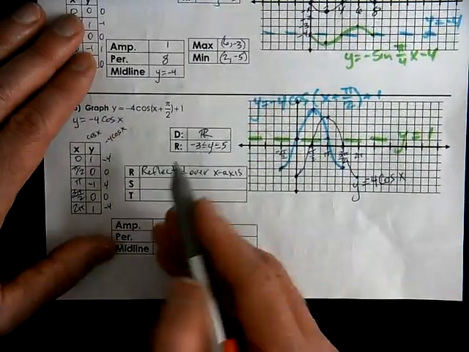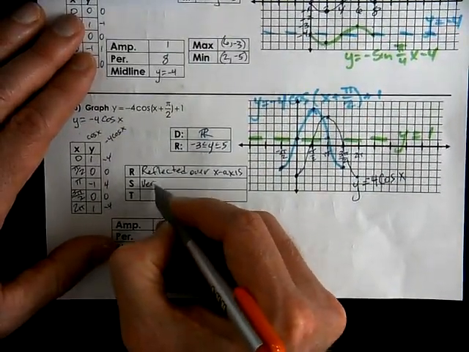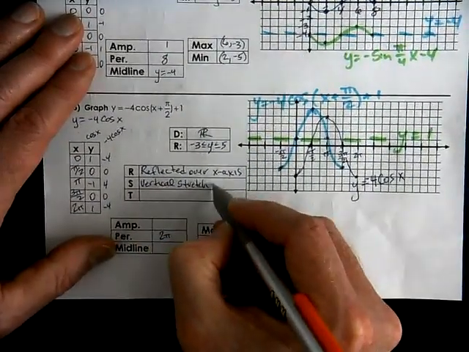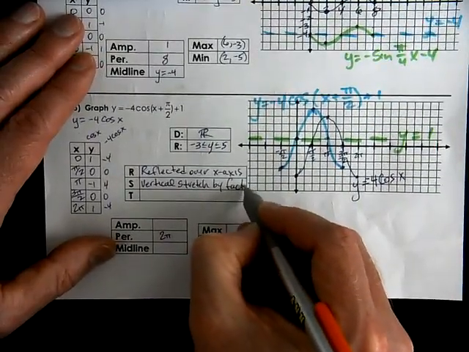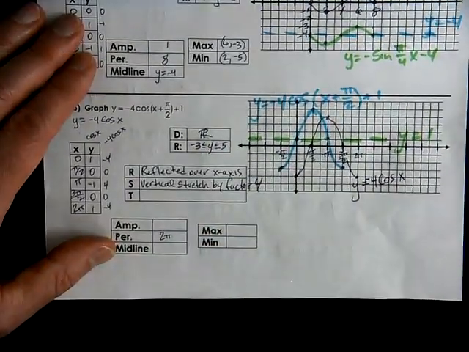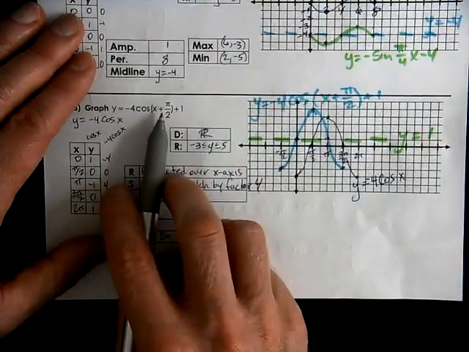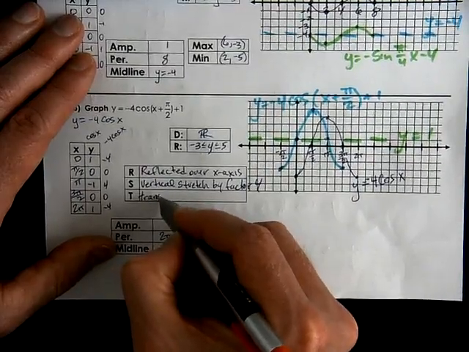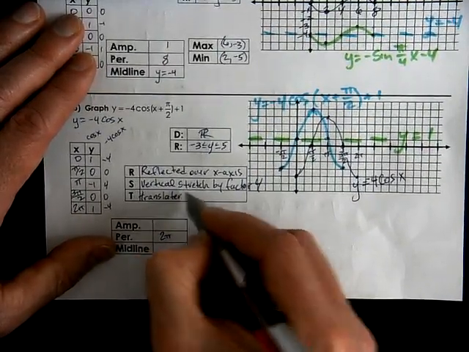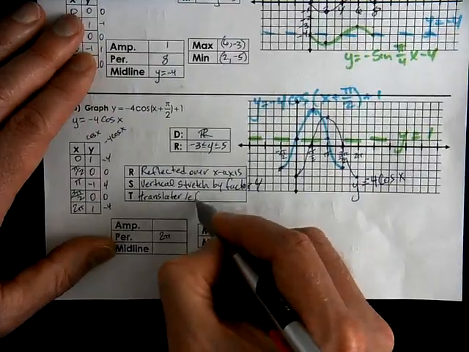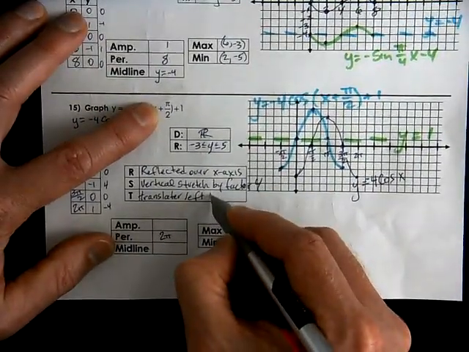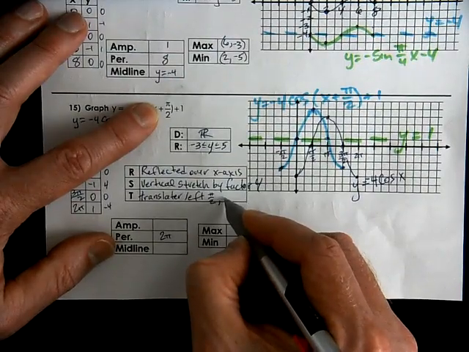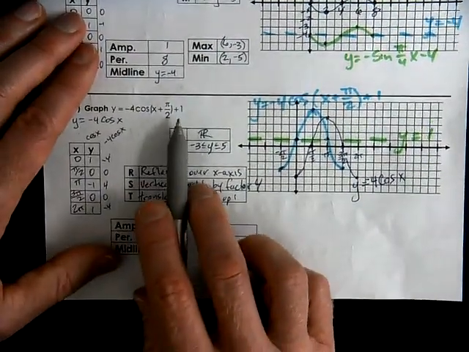The stretch. Vertical stretch by factor of 4. And translated pi over 2 to the left, left because it's plus pi over 2, and up 1.